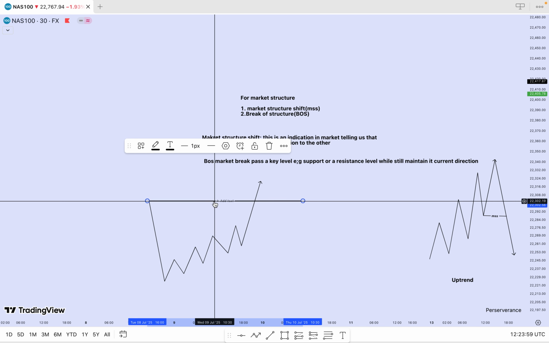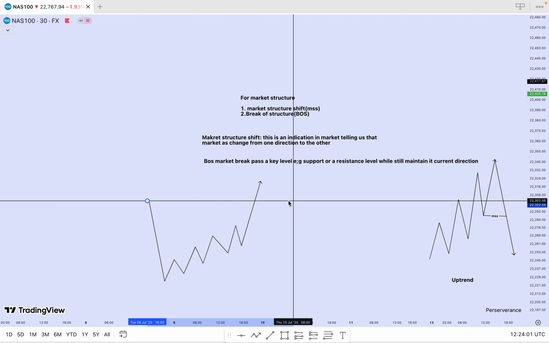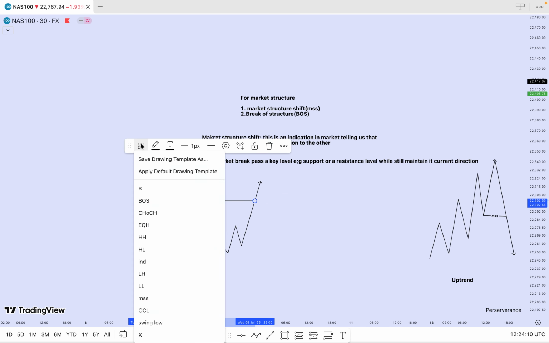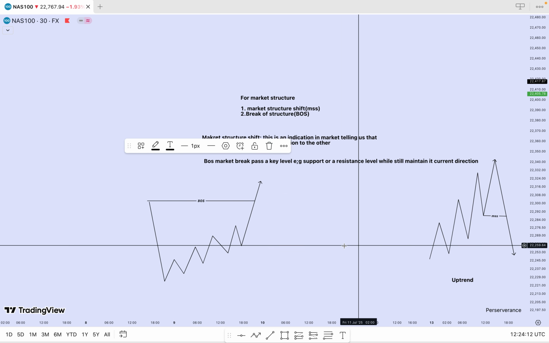So this is now a break of structure, because the market broke past a resistance level while still in its current direction, which is an uptrend. This is now a break of structure.